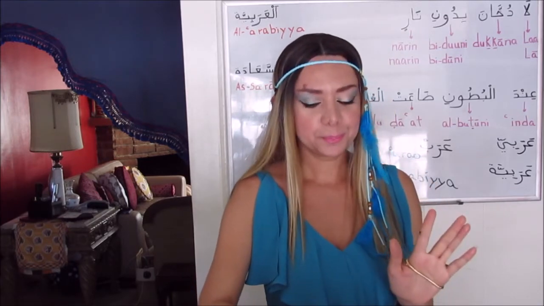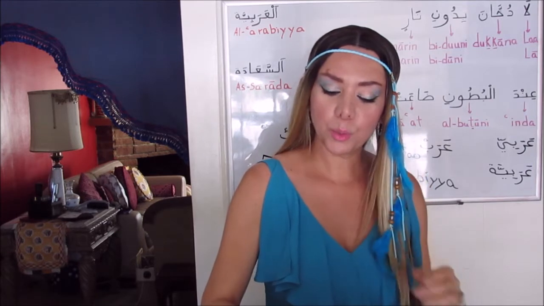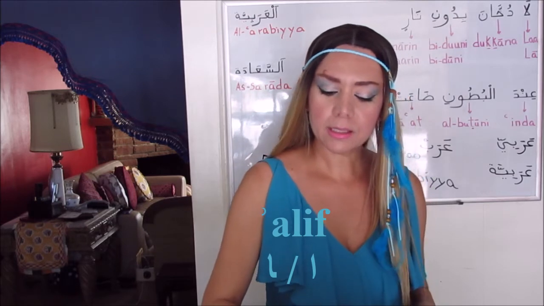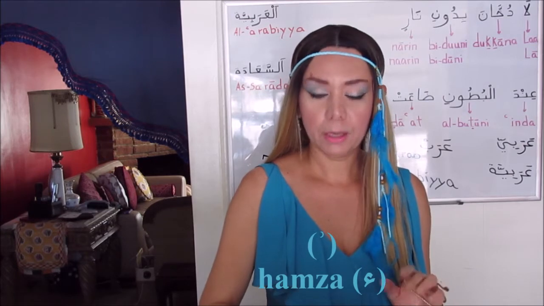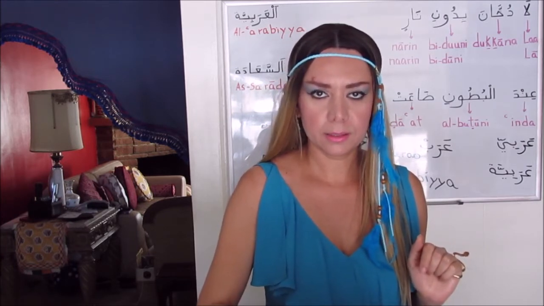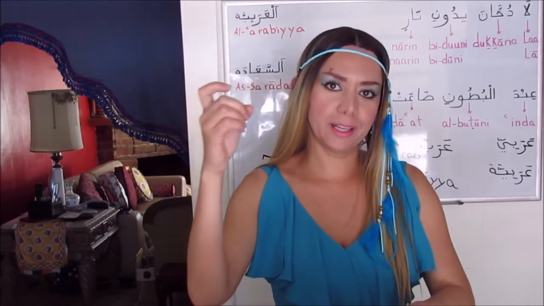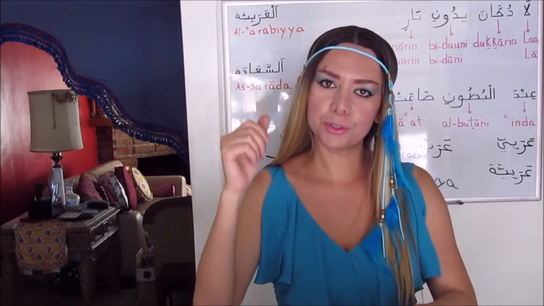And here we have the first letter of the Arabic alphabet. Ahlan. That is called alif. It is composed of the glottal stop hamza, a frozen A. As in about, at, expressed with a single closing quotation mark or an apostrophe.